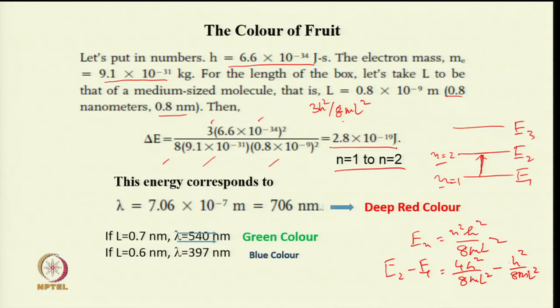Delta E in this case will be 2.8 into 10 to the power minus 19 joule, and this energy corresponds to lambda is equal to 706 nanometer, which means that the fruit is going to have deep red color.